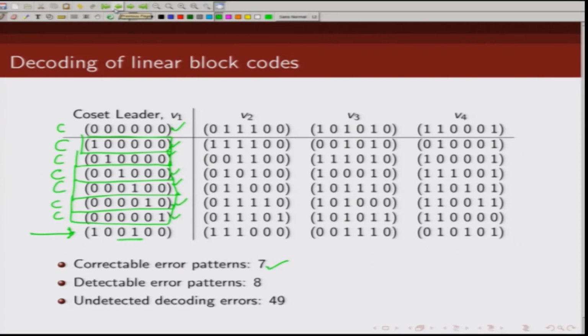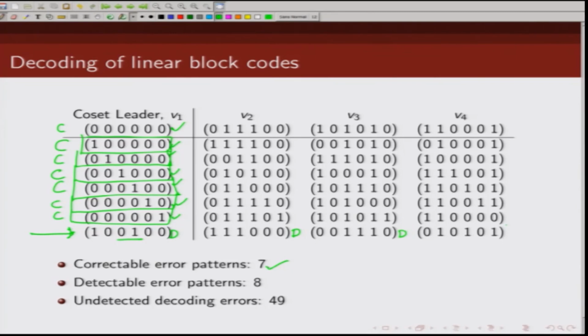So, whenever syndrome points to this coset, I cannot do error correction. However, I can detect error. Why? Whenever it points to this row, I know there is an error because syndrome is non-zero, but I do not know what is my error. So, that is why I call it a detectable error pattern. So, what are those detectable error patterns? This is my detectable error pattern, this is my detectable error pattern.